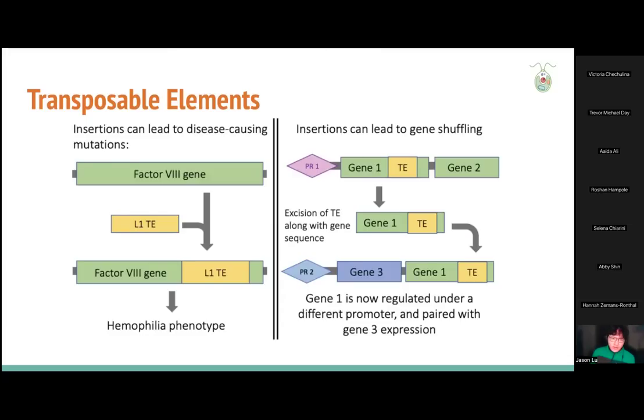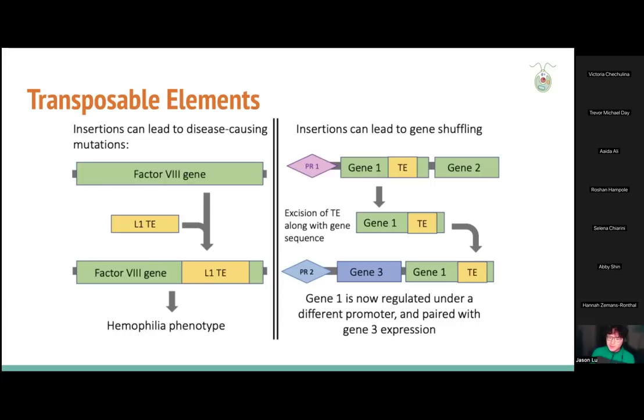Our L1 transposable element is just a transposable element that we use as an example. If it jumps into the middle of this gene, and then we want to make protein from this gene, our transcript is going to be completely messed up because we have a bunch of gibberish from our transposable elements here. And because now this protein doesn't work, we're going to result in a hemophilia phenotype.